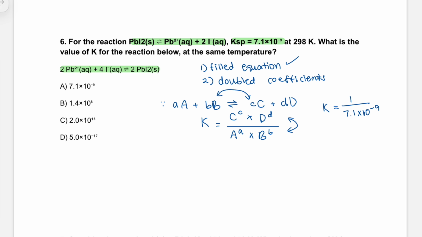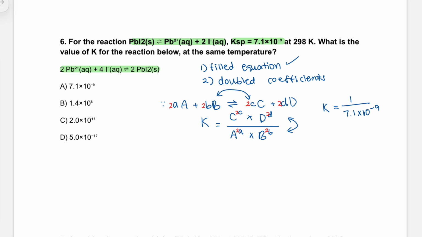What about the doubled coefficients? Well, when we double the coefficients, it means that we'll put a 2 in front of here. And then these coefficients will make it to the power. So basically we're squaring everything.